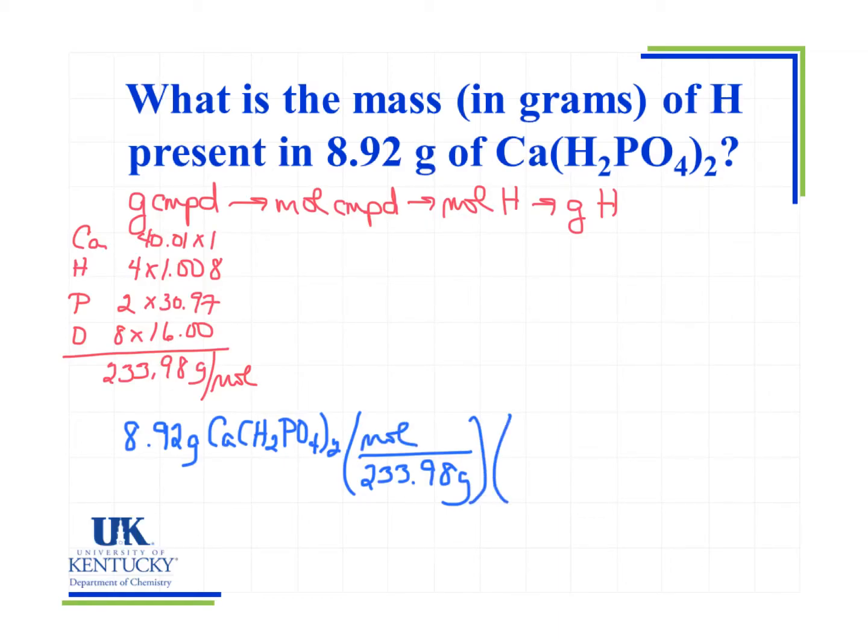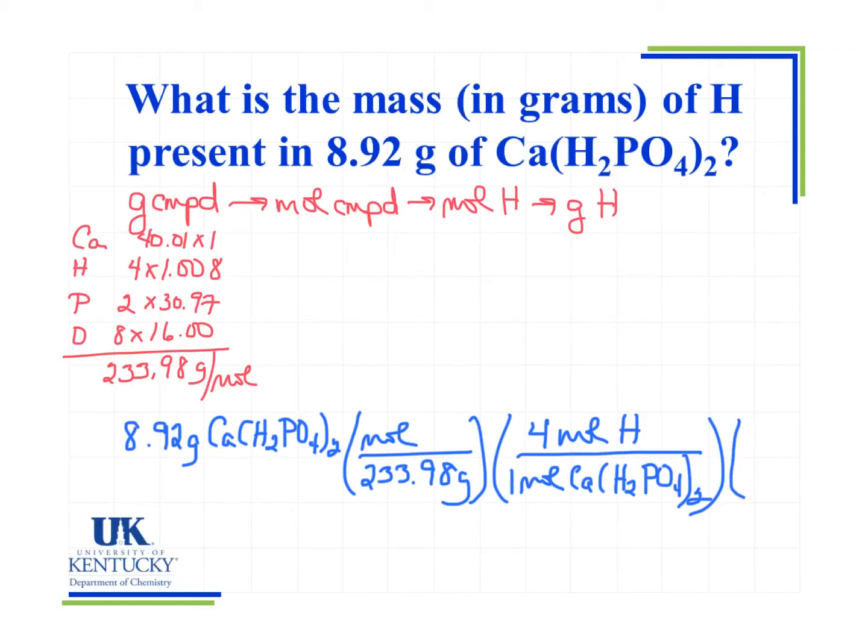Then we say, for every 1 mole of Ca(H2PO4)2 we have 4 moles of hydrogen. This comes from the subscripts: we have 2 hydrogens in one of these ions, and we have 2 of those ions per unit of the compound. So I know I have 4 moles of hydrogen for every 1 mole of the entire compound. Now we can use our molar mass of hydrogen, which is 1.008 grams per mole of hydrogen.